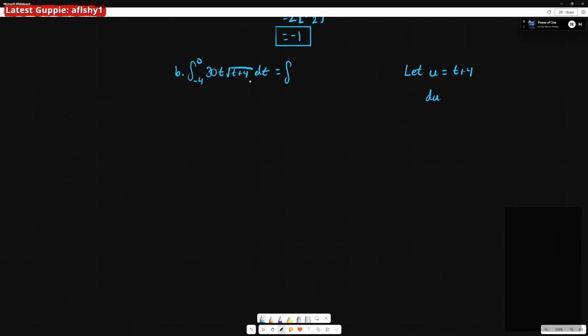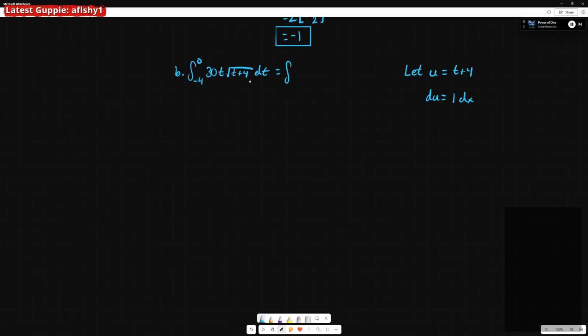Which makes du equal to 1 dx, which means they're equal to each other.